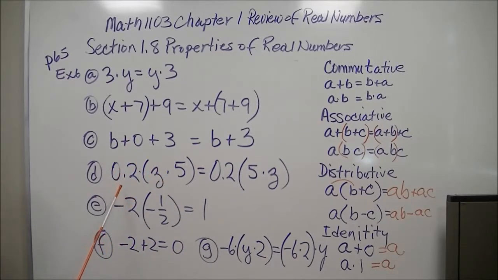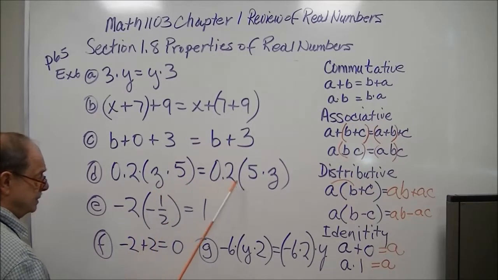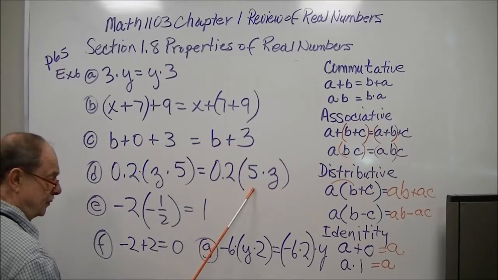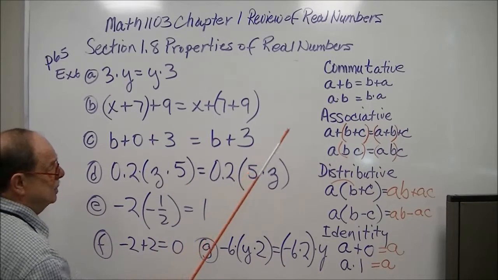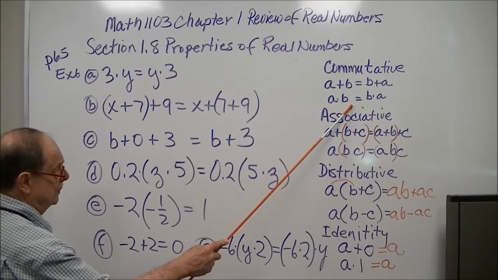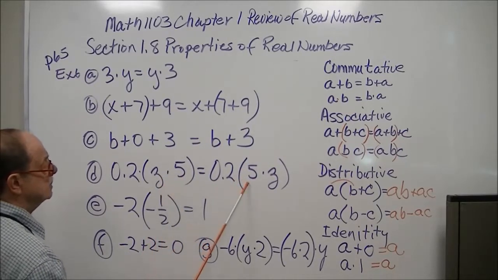Now here we have like the beginning of, well, the letters are the same, but here we see in the parenthesis they're switched around. So far, this is the commutative property of multiplication, that we've just switched these 2 letters around.